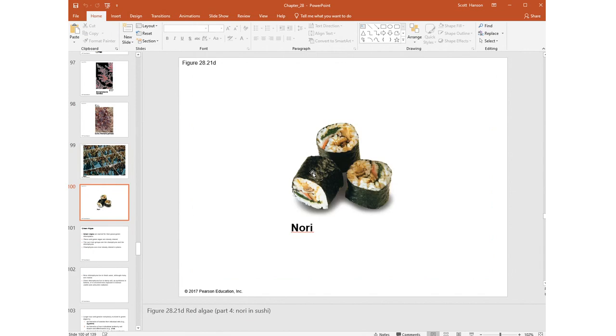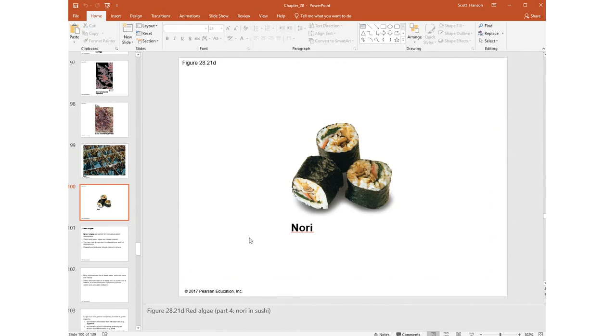The Japanese nori, this little word nori is a Japanese word for seaweed, and the Japanese and Chinese and other nations as well probably actually use a type of red seaweed in a lot of their cuisine.